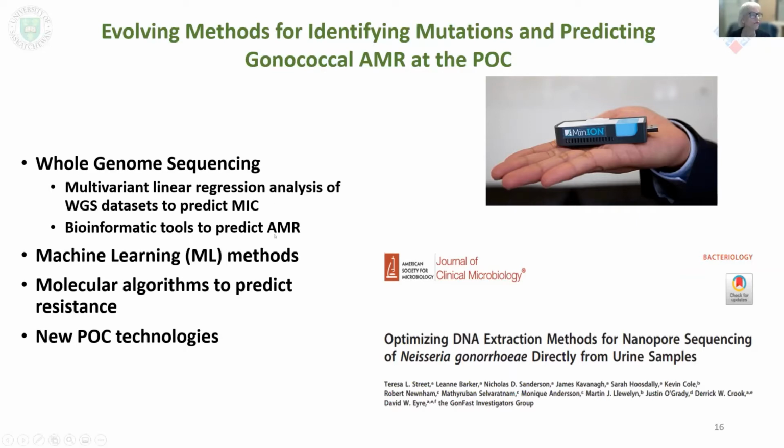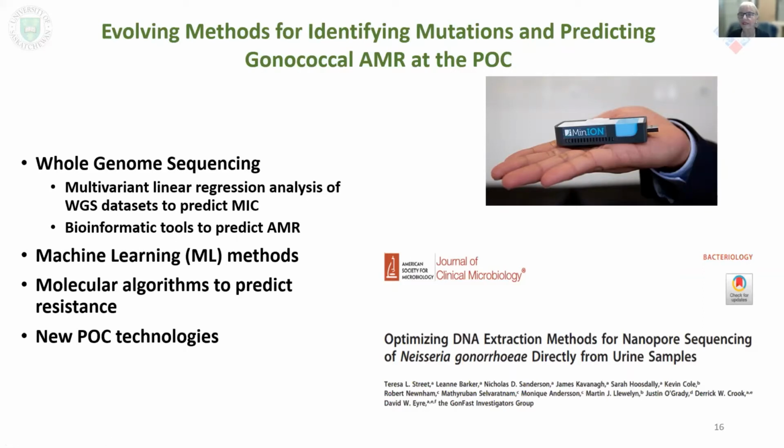Bioinformatic tools have been developed to predict AMR. There are also people working on multivariate linear regression analysis of WGS data sets to predict MIC, and that's been fairly accurate as a prediction, but is not yet available in terms of a point of care.